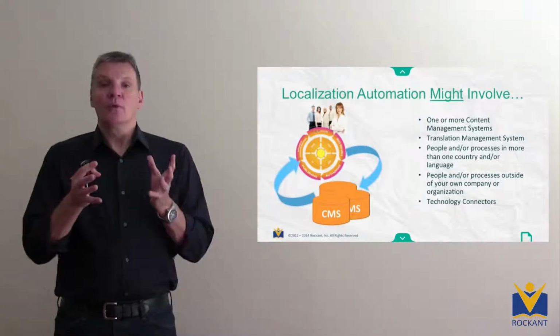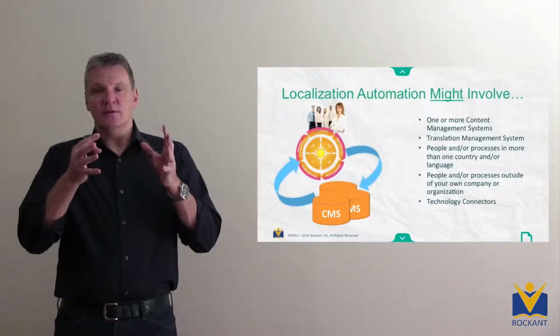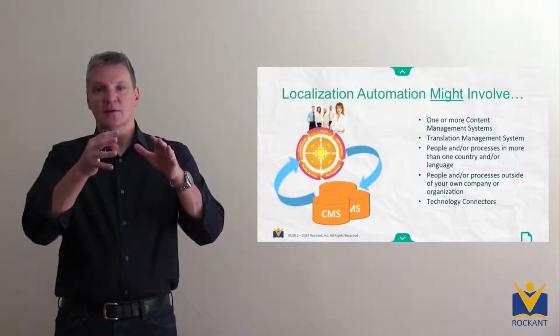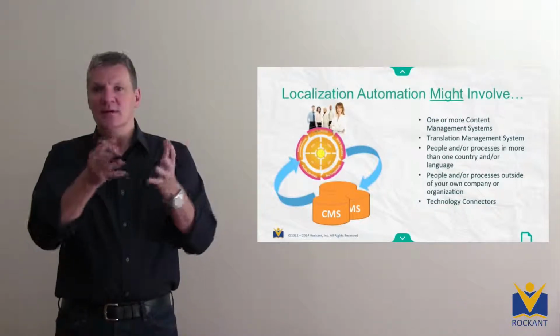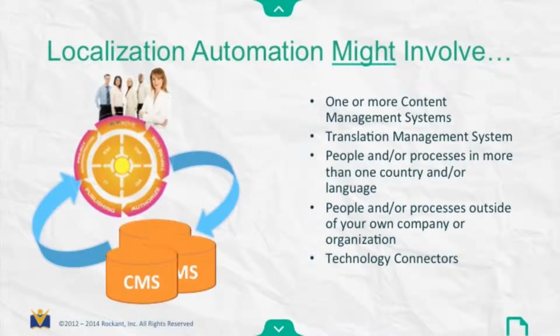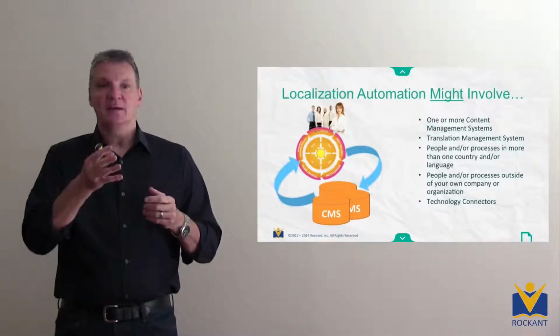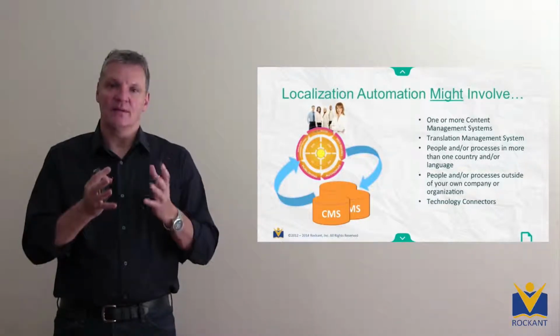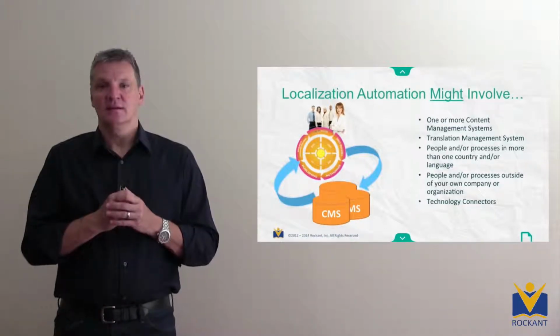In order to make that all work, you need to connect your content management system with your translation management system. In other words, you need to combine those two workflows, but you also need to make sure that content is put out of the CMS and sent to the translation management system, and when it's sent back, it will make its way to the right place in the database.